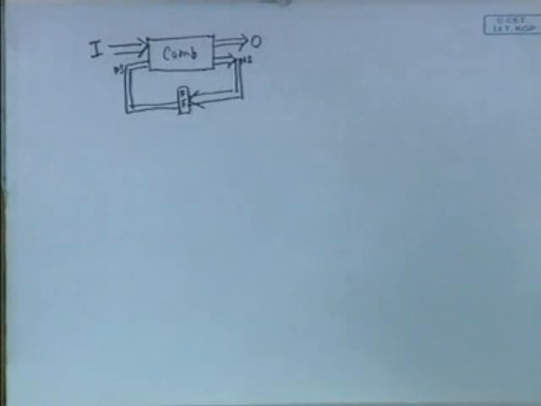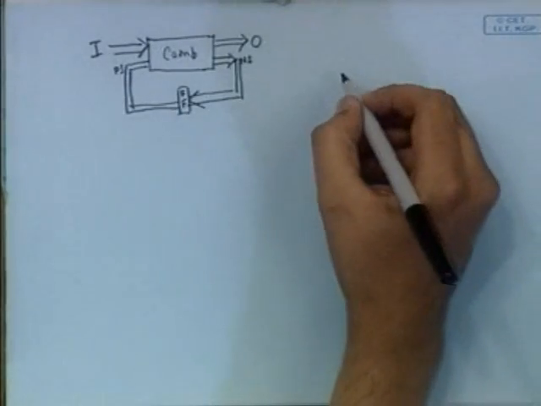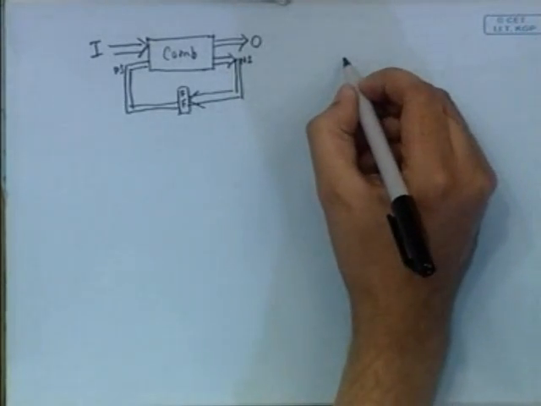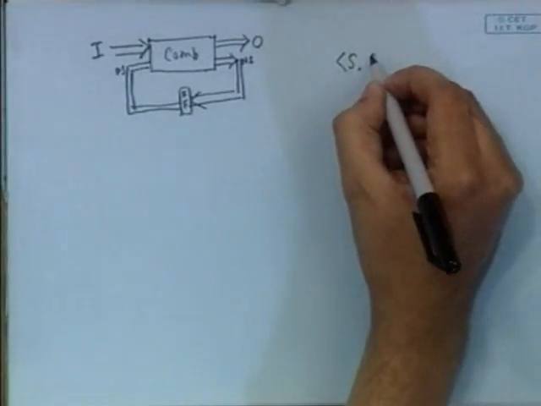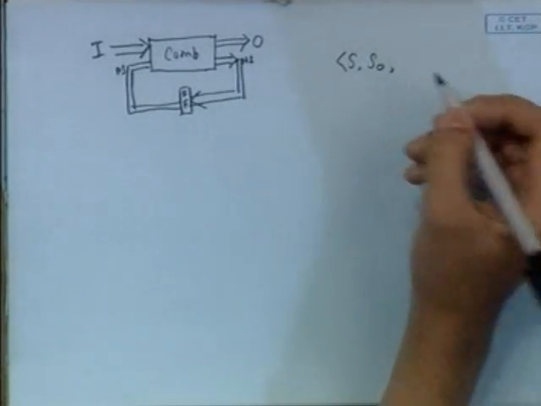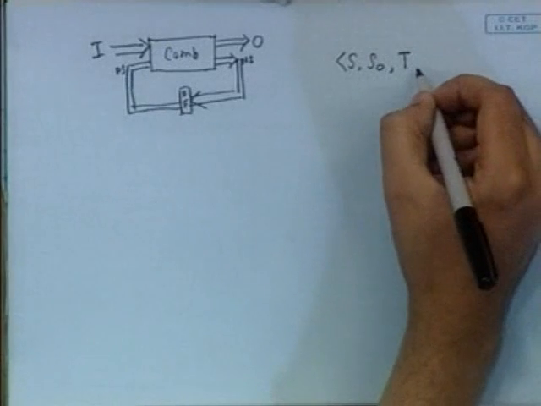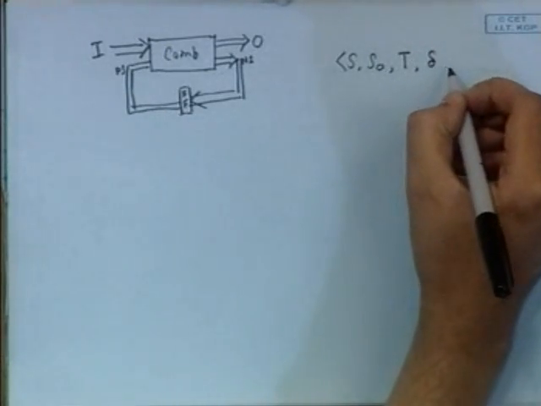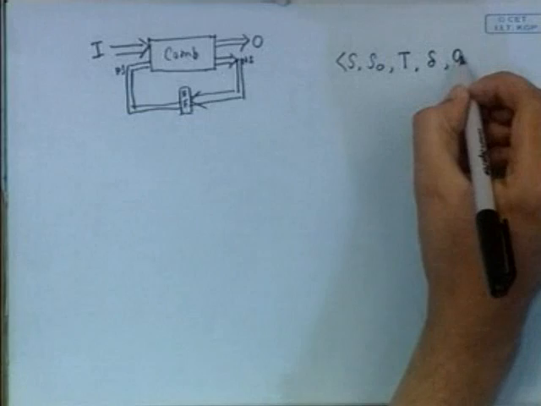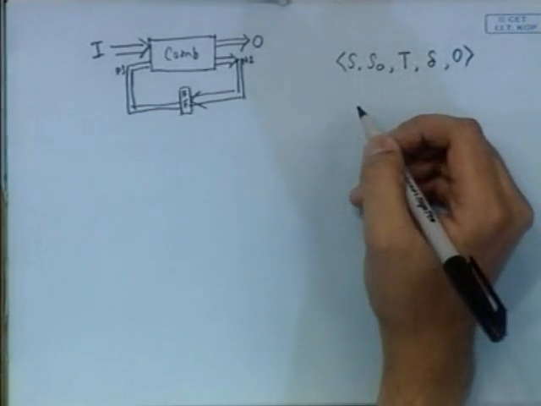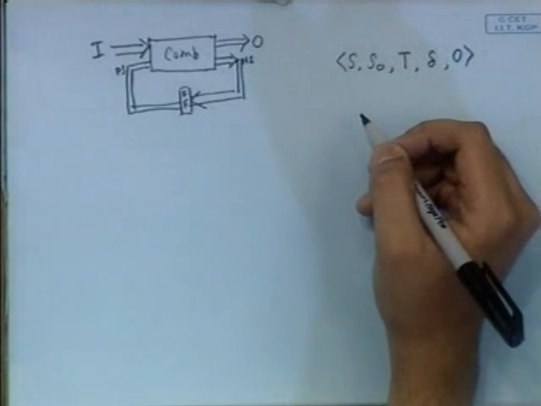A state machine is a directed graph which is a tuple called S, S naught, then there is a transition, a transition function and outputs. This is the formal definition of a finite state machine.